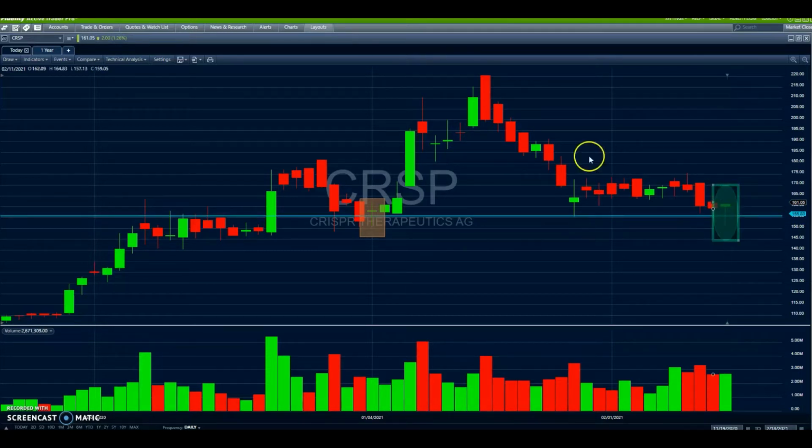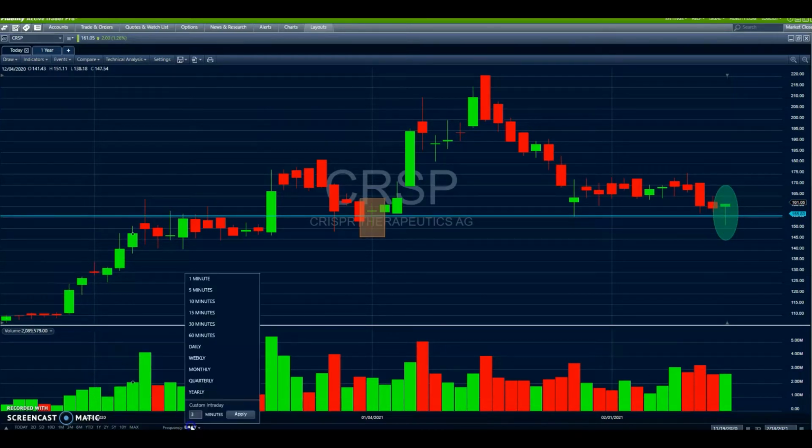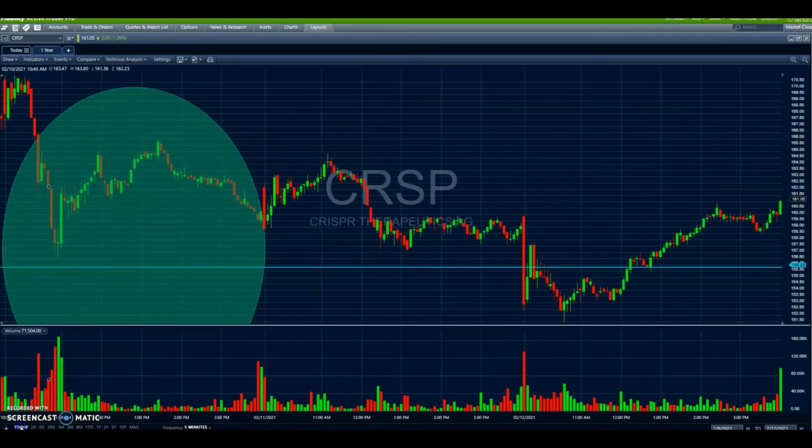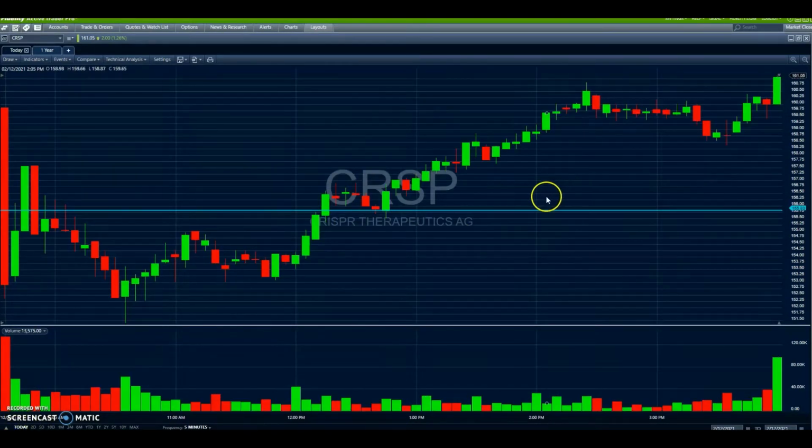So we'll take a look at this on the intraday chart. We'll look at the 5-minute chart today. And this is what formed that hammer candlestick. So you can see we opened up way up here, sold off, bounced up, sold off down here, and then from this point you can see we reversed.